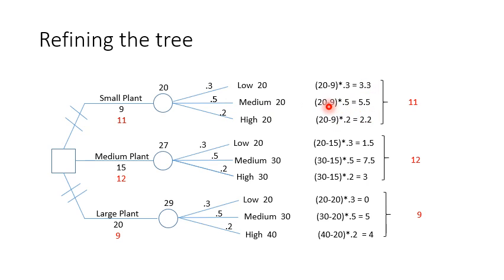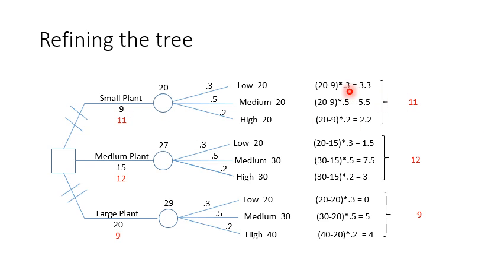We have 20 minus 9 again times 0.5, an EMV of 5.5, and 20 minus 9 times 0.2 gives me an EMV of 2.2. If we sum these 3.3, 5.5, and 2.2, we also have 11, the same value as here. So either way you want to do it, it'll work out for you.